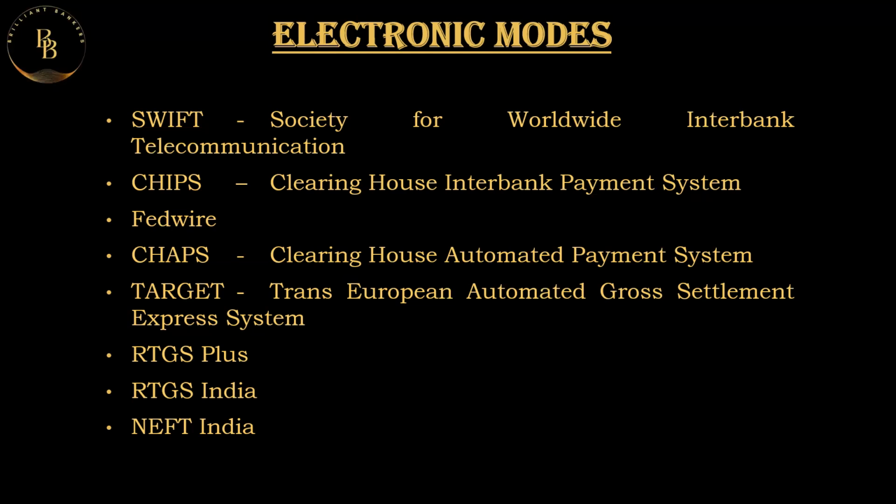So what happens? Only 4 lakh is being sent from State Bank to Canara Bank, where all the transactions are cleared automatically. This is called netting. Now let's discuss all the different modes of transaction in detail.